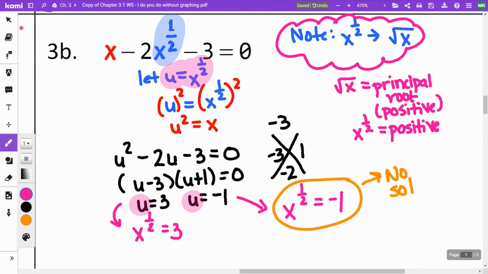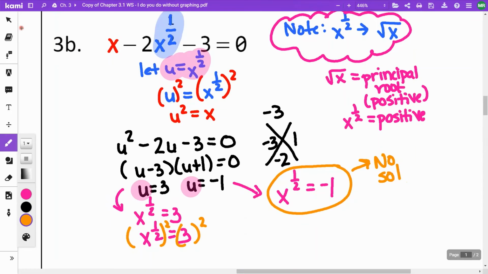So this was x to the 1/2 equals 3. I'm going to raise both sides to the power 2, and when I take x to the 1/2 raised to the reciprocal, I should get x. That's the whole reason I'm doing it. On the other side, 3 squared is 9. That's your answer.